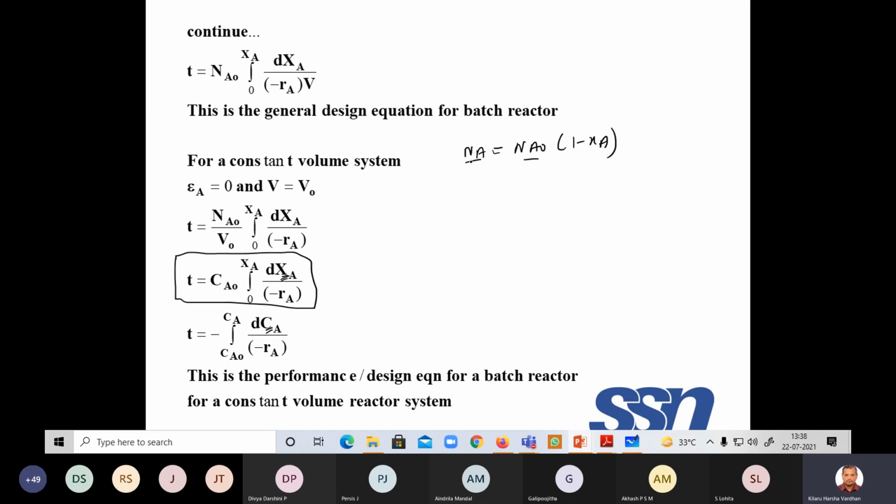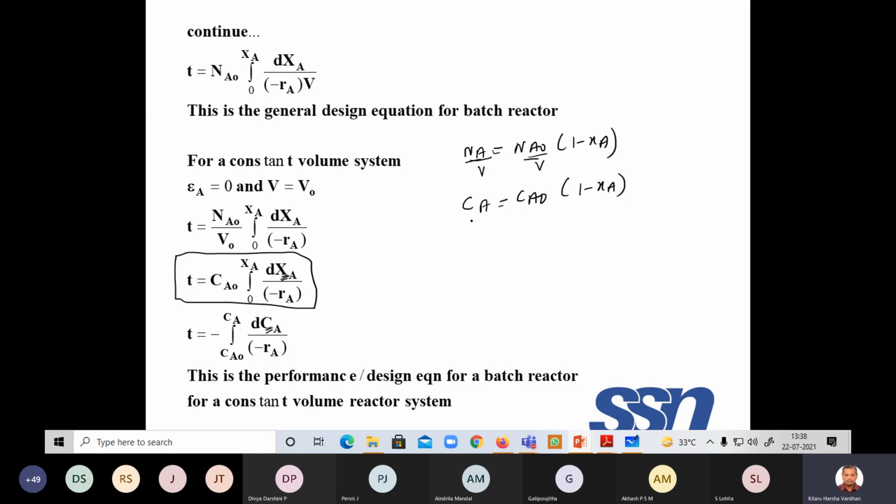Like that, if you want to write by volume, the final or initial volume being constant, then we can write Ca as Ca naught into 1 minus Xa. Ca is Ca naught into 1 minus Xa, correct?